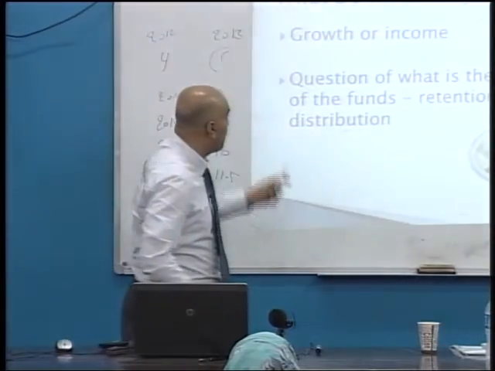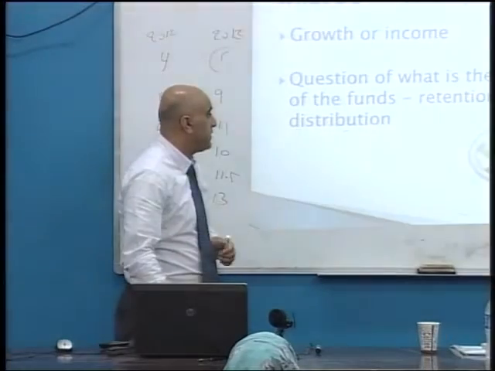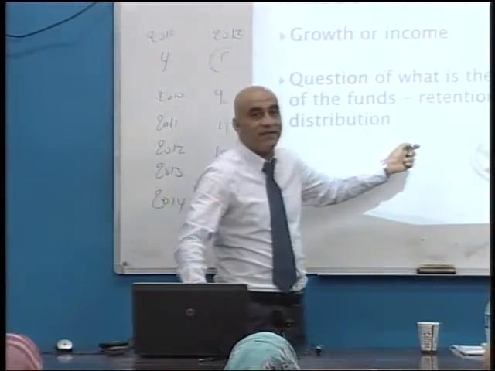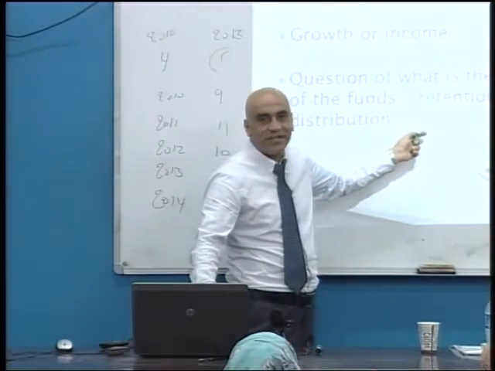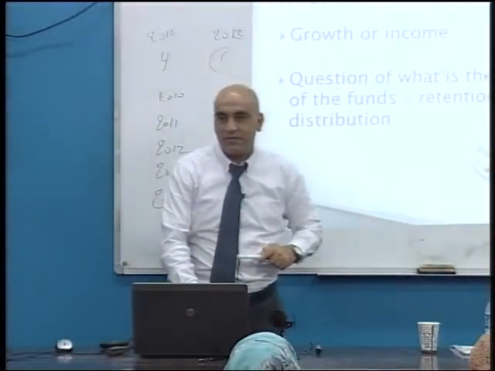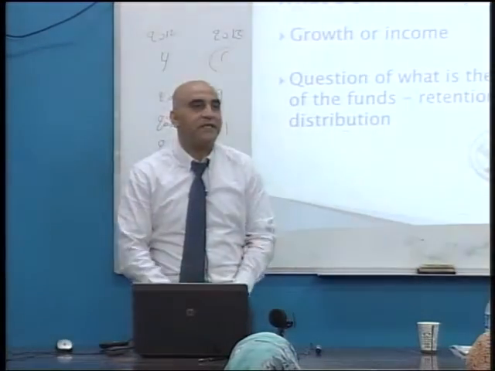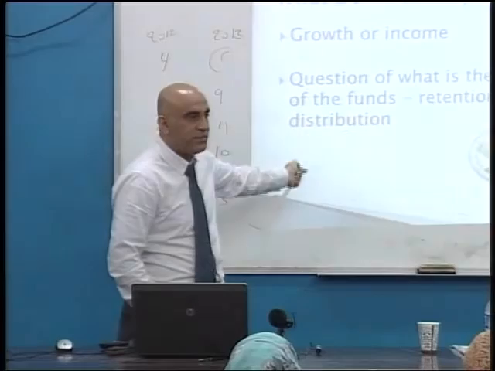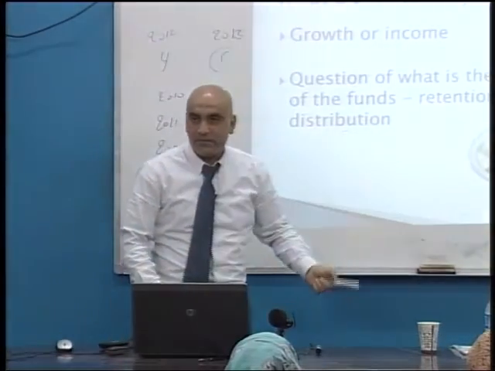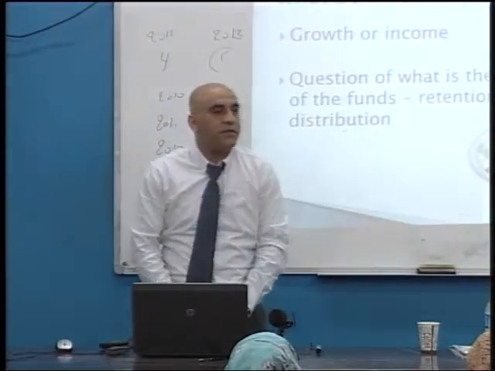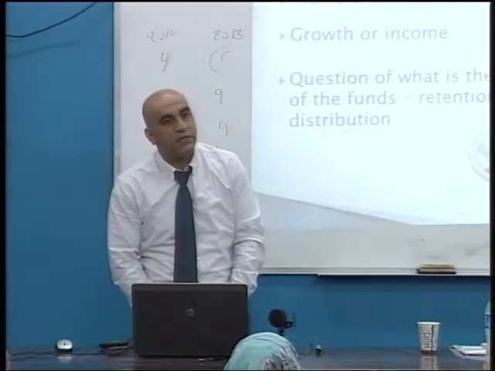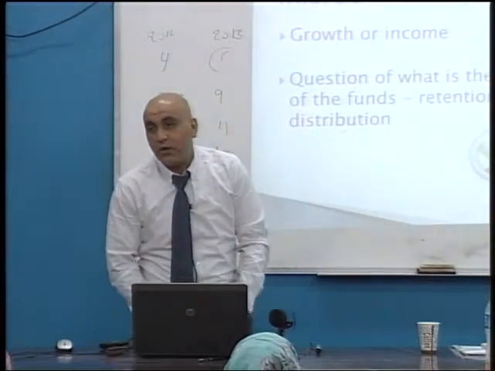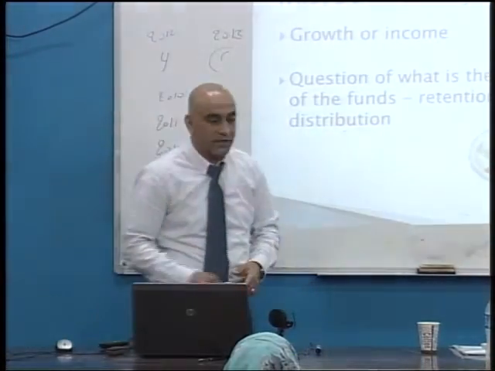So the question of the best use of funds relates to retention versus distribution, because retention is growth and distribution, or dividends, is income. Whether investors prefer income, growth, both, or other things.